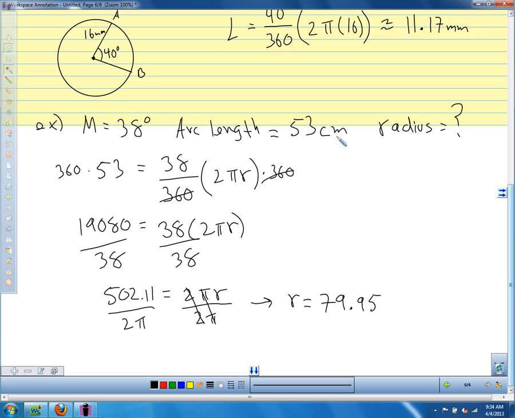And my answer would be in centimeters. So I just plugged in everything I had into my formula, solve for the part that I don't have. Question on that problem?